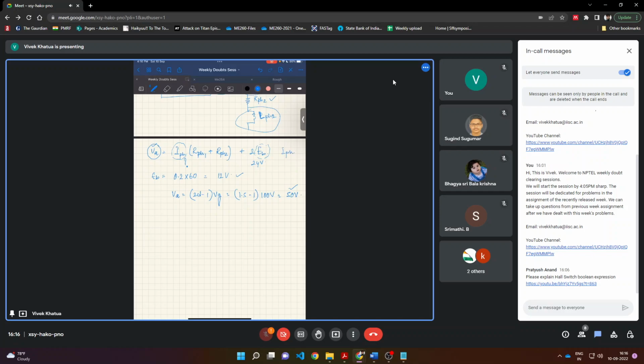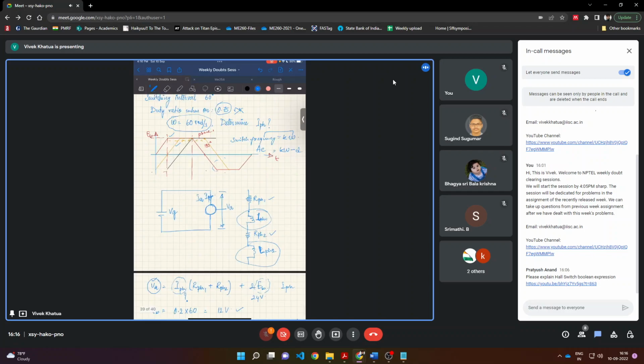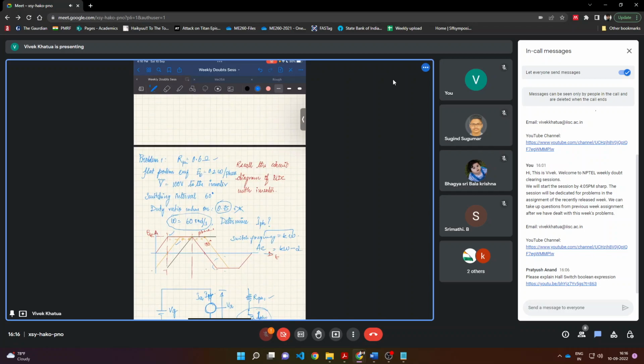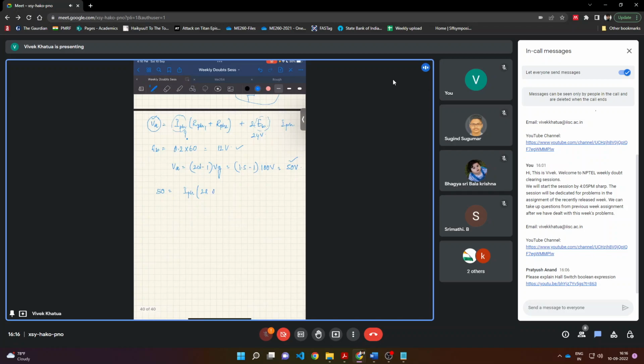Using this value, 50 volts, which is equal to the current through the phase times 2 times the resistance, which is the same across every phase, 0.6, plus 2 times 24 volts. So this is going to be 26, 26 equals I times 1.2.